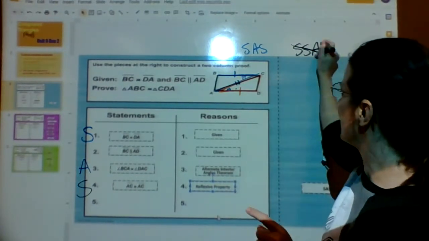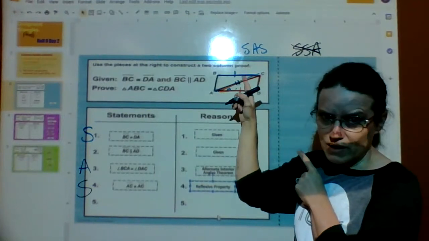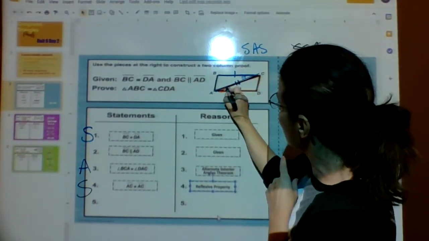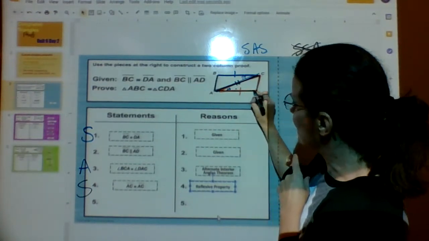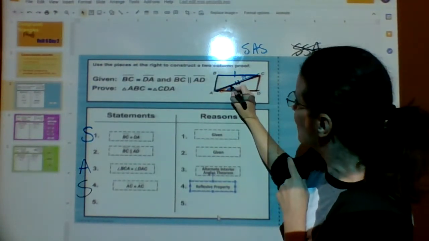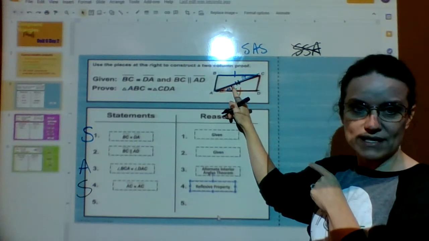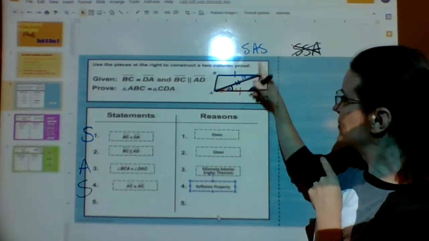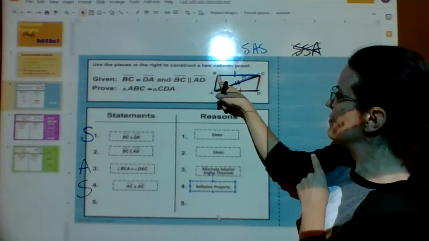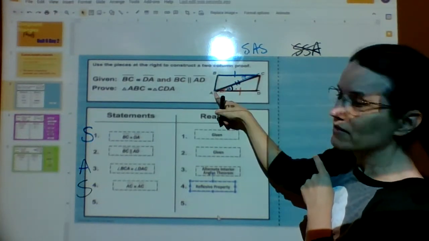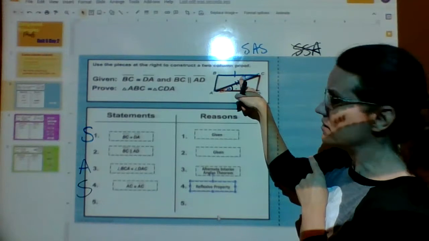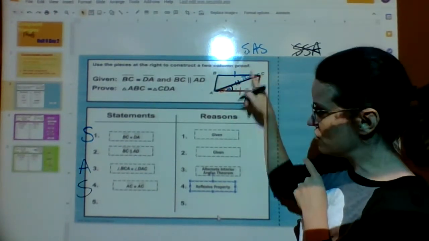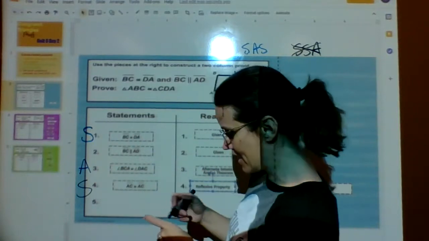So you can't use that one. But then you double check, do I really have side, angle, side? Well, I have a side here, and then it's connected to the other side, and the congruent angle is the one that's in between them. It's sandwiched in. Let's check my blue triangle. I have the top and the diagonal, they touch, and then the angle inside them, the one sandwiched in between, is my congruent one. So I do indeed have side, angle, side.